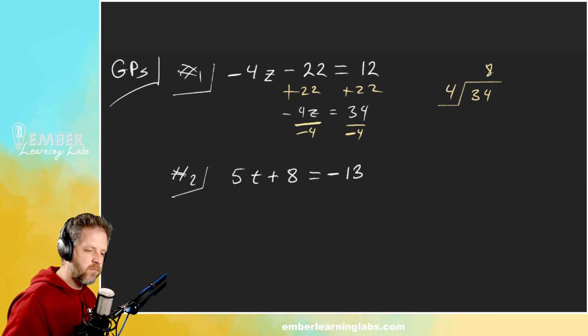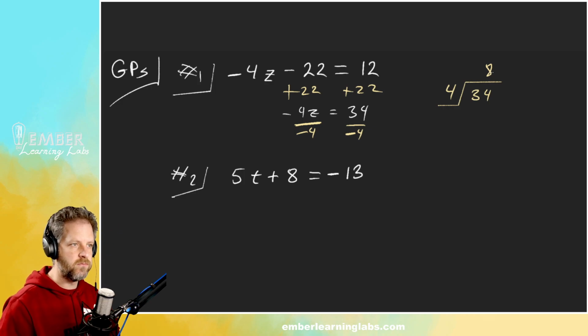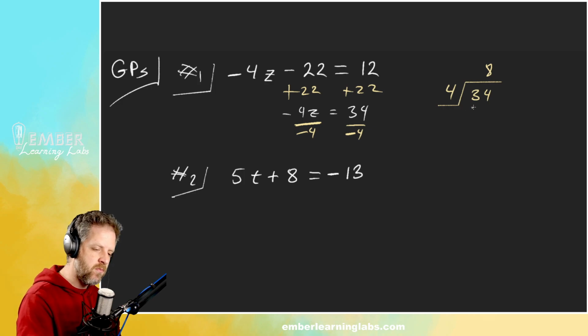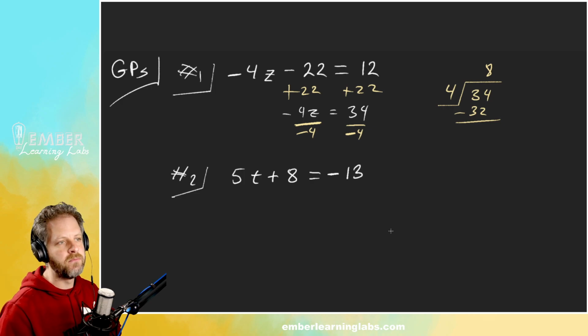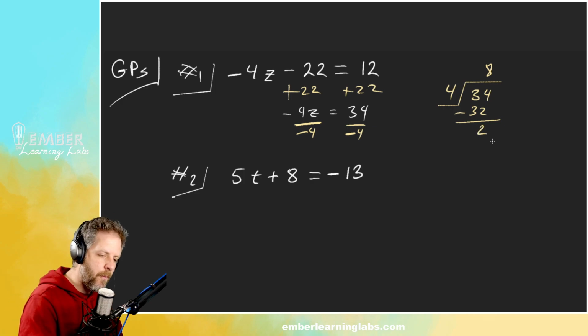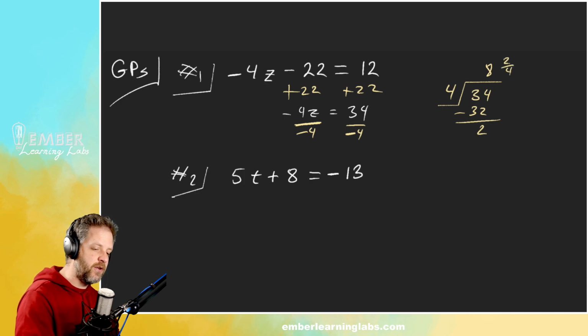What's 8 times 4? 32. 34 minus 32 is what? 2. So 8 and 2/4. What is 2/4 reduced to? 1/2. So our final answer is negative 8 and 1/2.